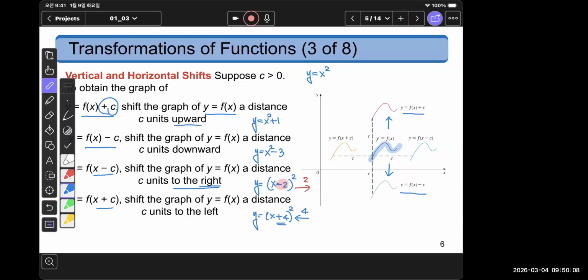So that's how we transform the graph of the function horizontally or vertically. Okay. So when f of x is added or subtracted by some units, or x is replaced by x plus c or x minus c, you need to consider a vertical or horizontal shift.